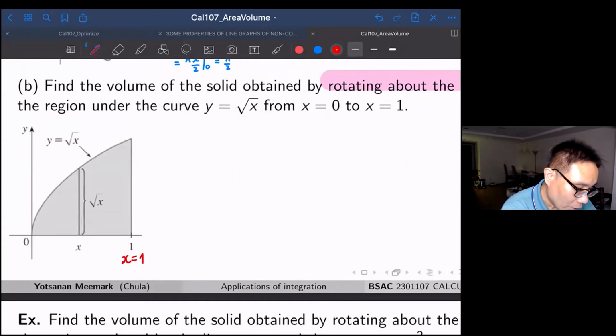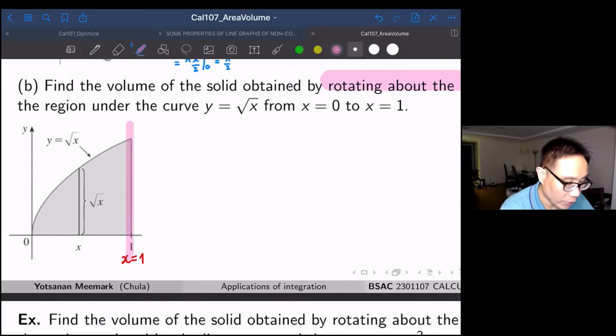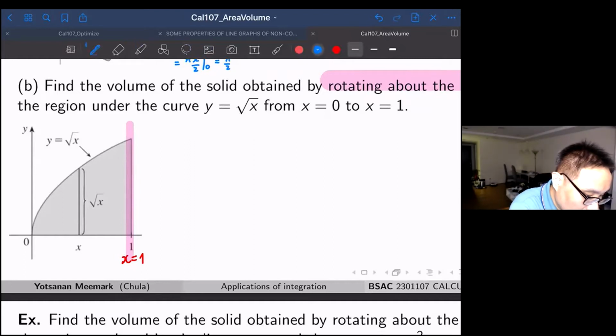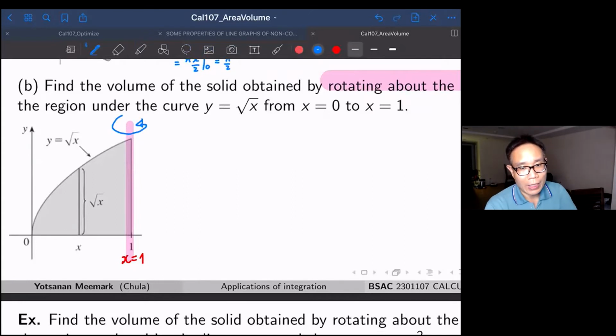Then you have this line x equal to 1. Let me draw this one. This line x equal to 1 will be your rotation axis. So you're going to get the bowl, however this one will be like the bowl flipped down.